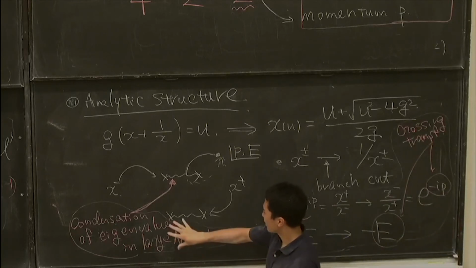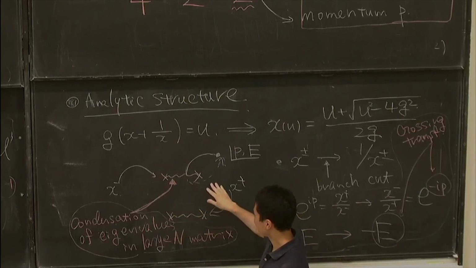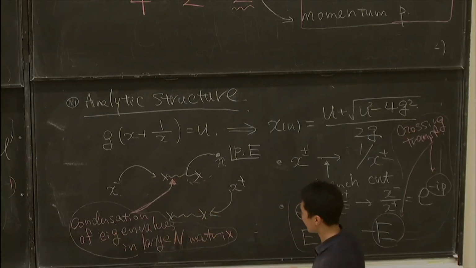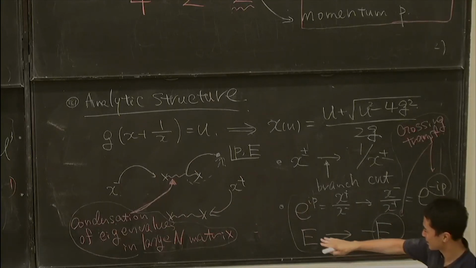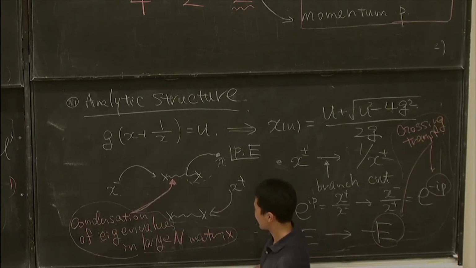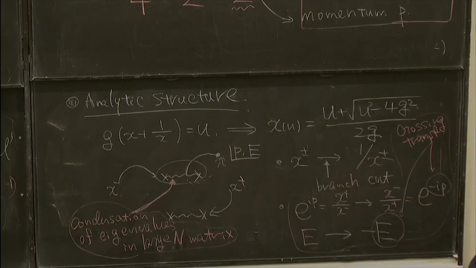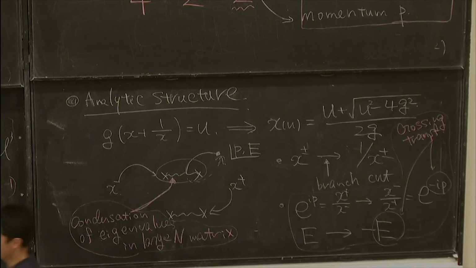If you compare the details of the computation on the integrability side and the localization side, you discover that the branch cut you find here actually corresponds to the branch cut of the eigenvalues of the large N matrix model. So there is an indication that this branch cut is really coming from the large N matrix model. It seems this existence of the branch cut is really important, reflecting the fact that this integrable model is coming from some large N matrix field theory. So this was just a comment that I wanted to make.